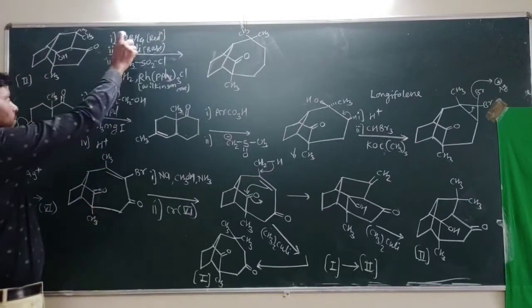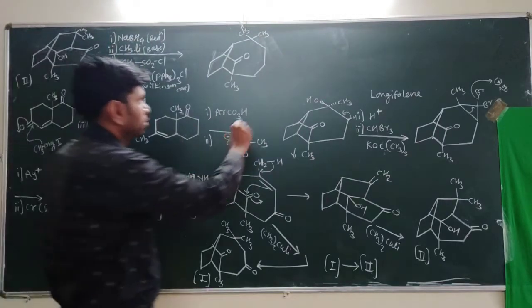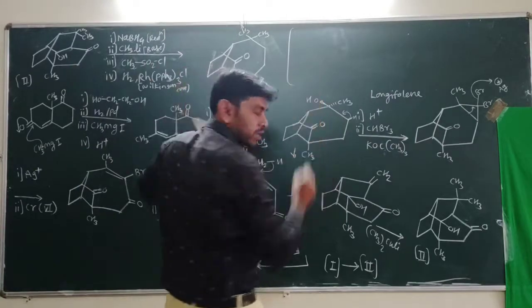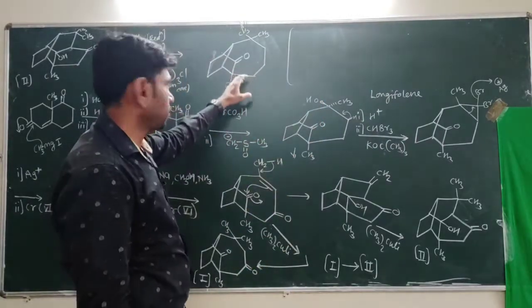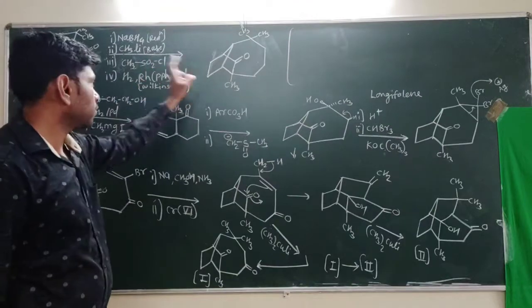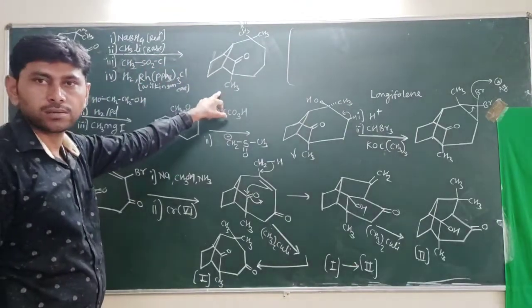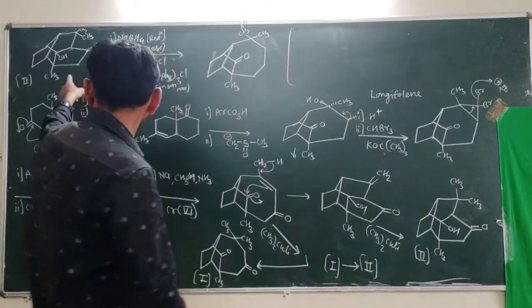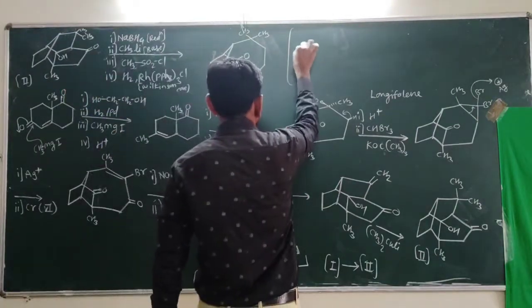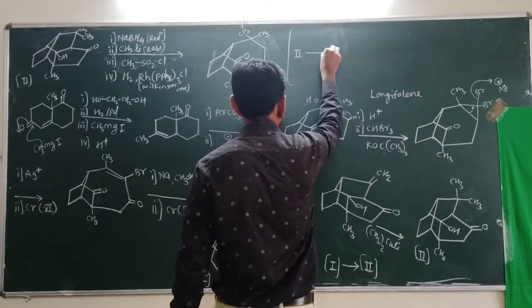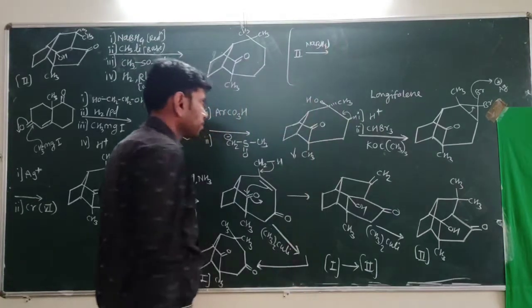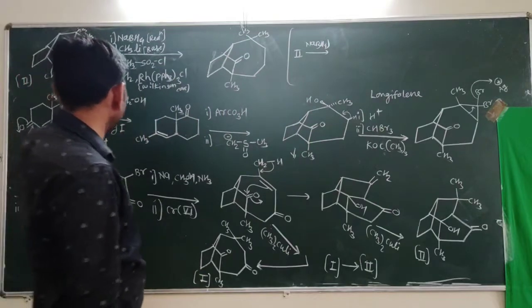So first, by using NaBH4, see the reaction pattern I am showing here. From this one, how can we obtain the next? From the second, we obtain this structure, this intermediate. So how is this obtained? I am showing. From the second, after NaBH4, how does NaBH4 work? NaBH4 reduces this one.